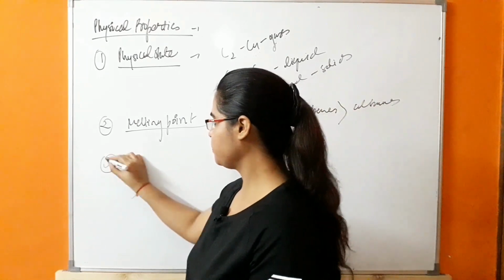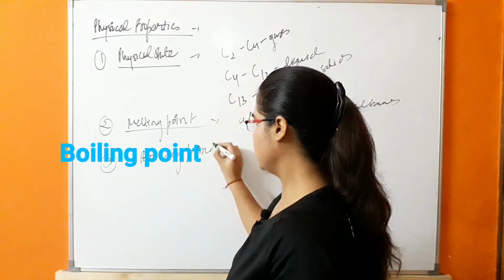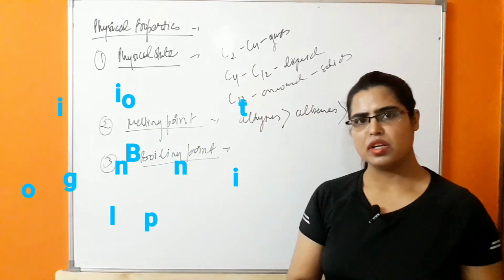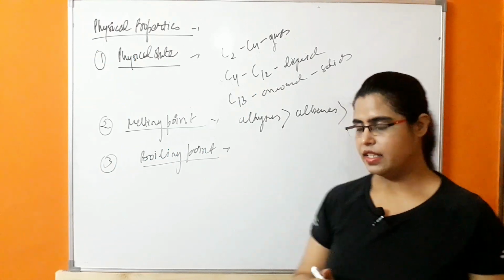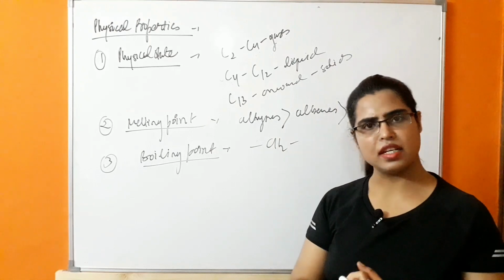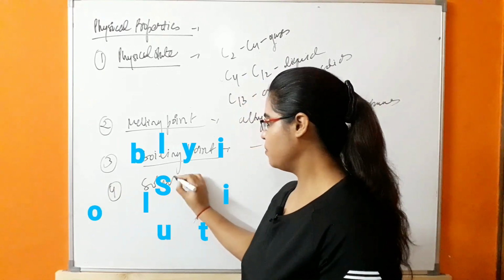Third, boiling point. The boiling point increases as the carbon number increases in alkynes. With every CH2 unit there will be an increase in boiling point. Fourth, solubility.